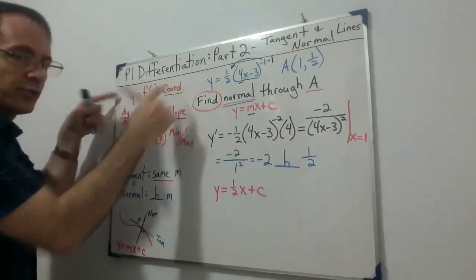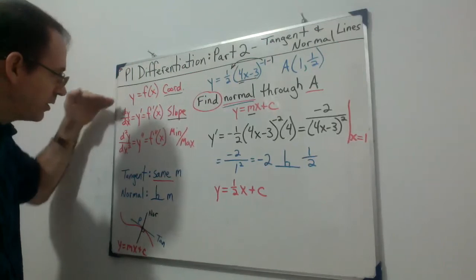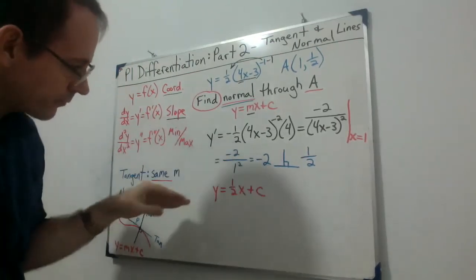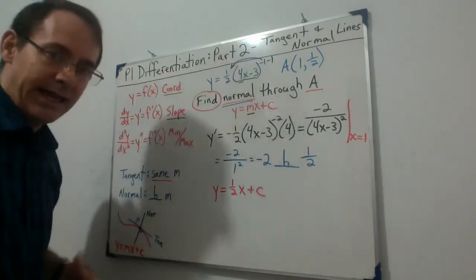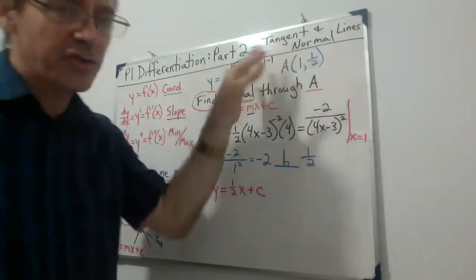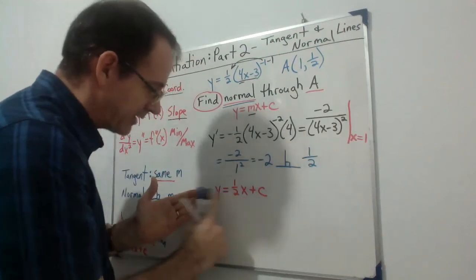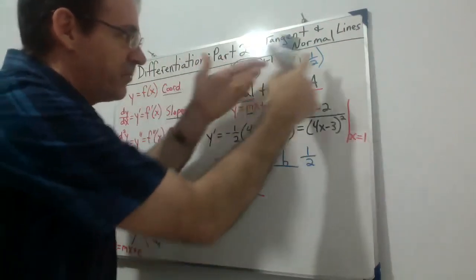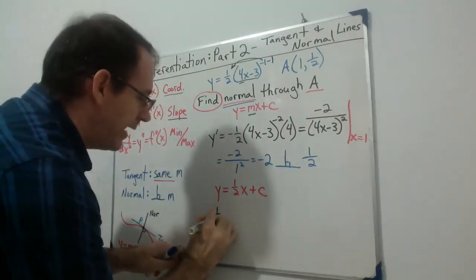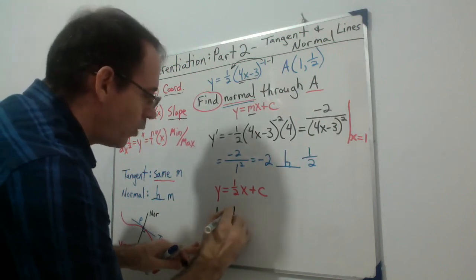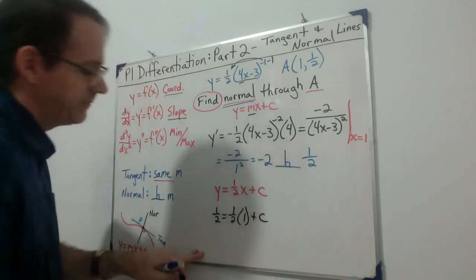Now we have an original equation again, meaning we're at y, the original function. We're not at y prime or y double prime. And our normal goes through the point, except now they call it A instead of P. So we can use the coordinates, both the x and the y, to plug in here. We have x and y, x and y. This point is on the normal, so we can plug that in. So we have 1/2 equals 1/2 times 1 plus c.